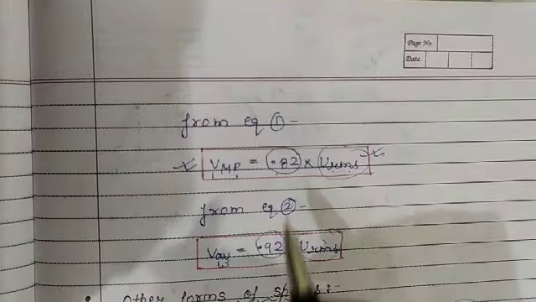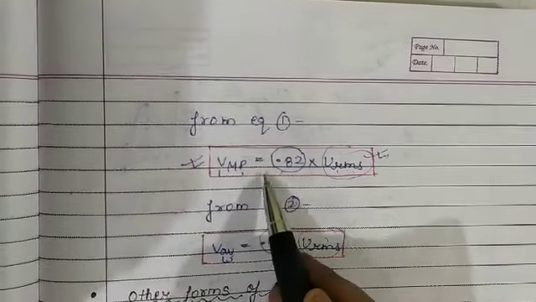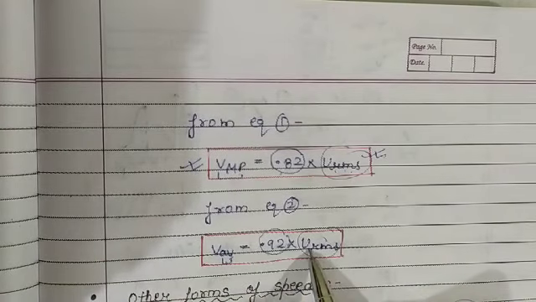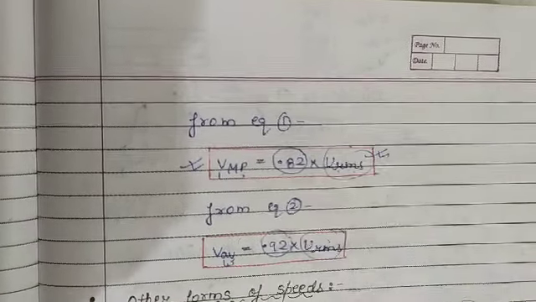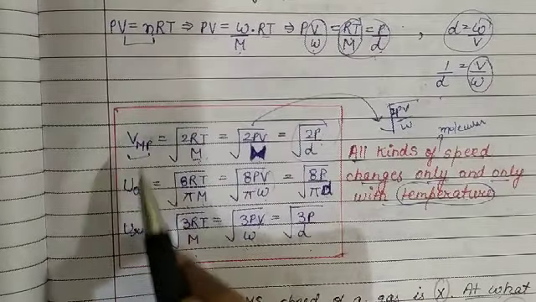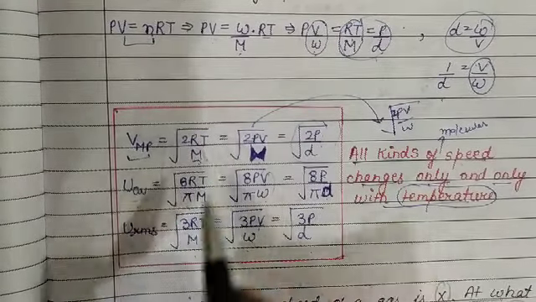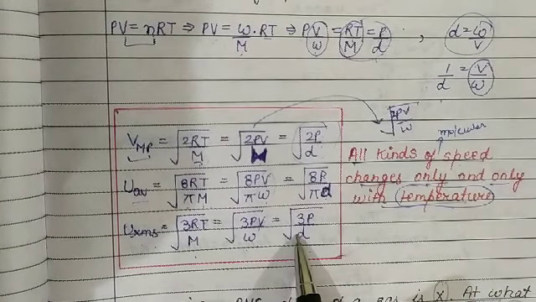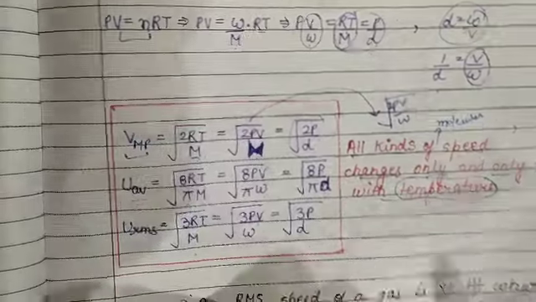One is most probable, which is 0.82 into VRMS, and V average, which is 0.92 into VRMS. And we also discussed the relations in terms of density: V most probable, V average, and VRMS, with root 2RT by m in terms of density. So these are the relations we have discussed about molecular speeds.